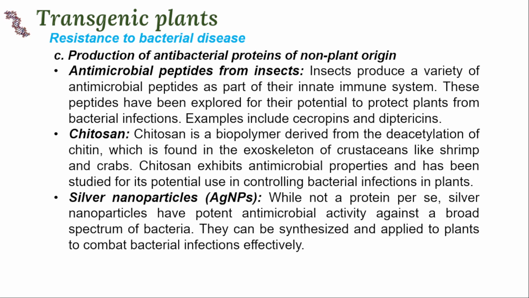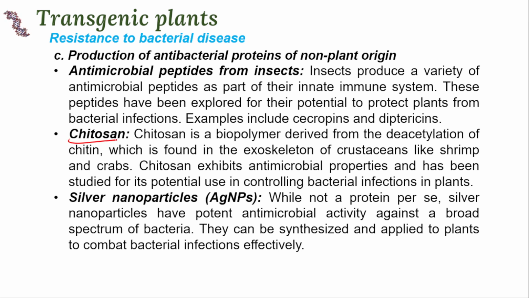And even some chemicals produced from insects have bactericidal and bacteriostatic activity. Bactericidal means it will kill the bacteria, and bacteriostatic means it will stop the propagation of the bacteria. And one more chemical is called chitosan, a biopolymer produced from shrimps and crabs. Whenever bacterial infection happens, they produce a chemical called chitosan.